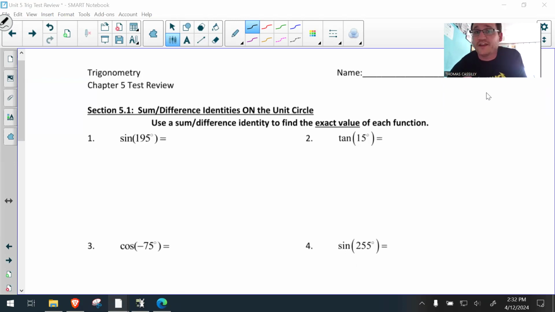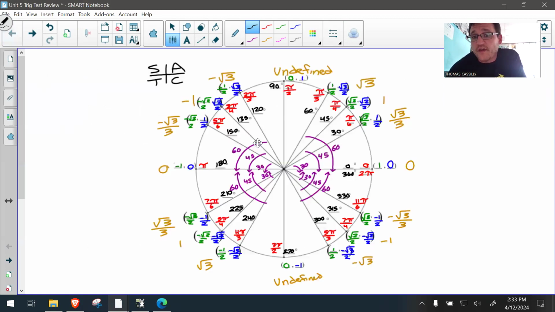As long as you understand the concepts, then you're just going to plug them into these formulas and we're going to go from there. All right. So like on these first ones, the sum and difference identities on the unit circle. What I mean is, if you look at 195, that is not one of these values that we've talked about on the unit circle, right?